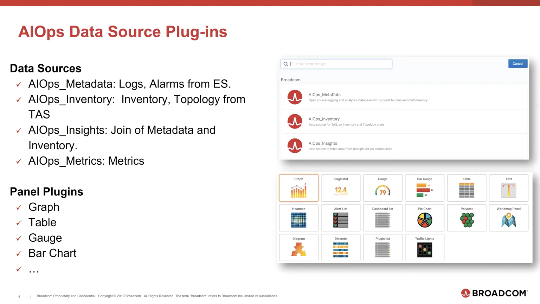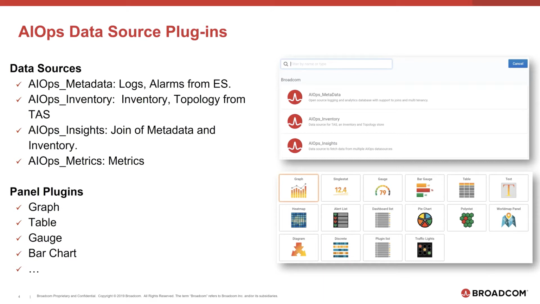Then we have the insights data source, which basically will help us to join data from the 2 previous data sources, metadata and inventory. And finally, we can use the metric data source to fetch metric data from our data lake. So these are the 4 means we have to connect to our backends and fetch data to represent in the dashboards.